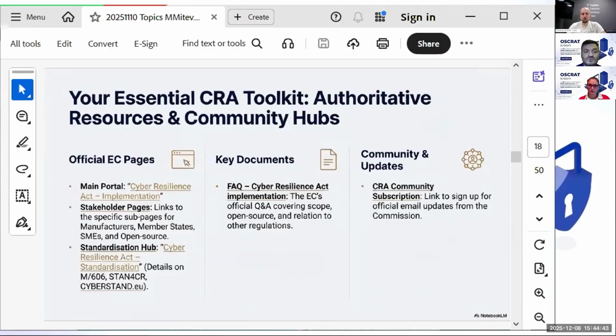There is also an official FAQ that answers many common questions about scope, open source issues, and the relationship with other European Union laws. Finally, you can subscribe to the CRA community to receive email updates directly from the Commission. These tools help you stay informed and avoid surprises.